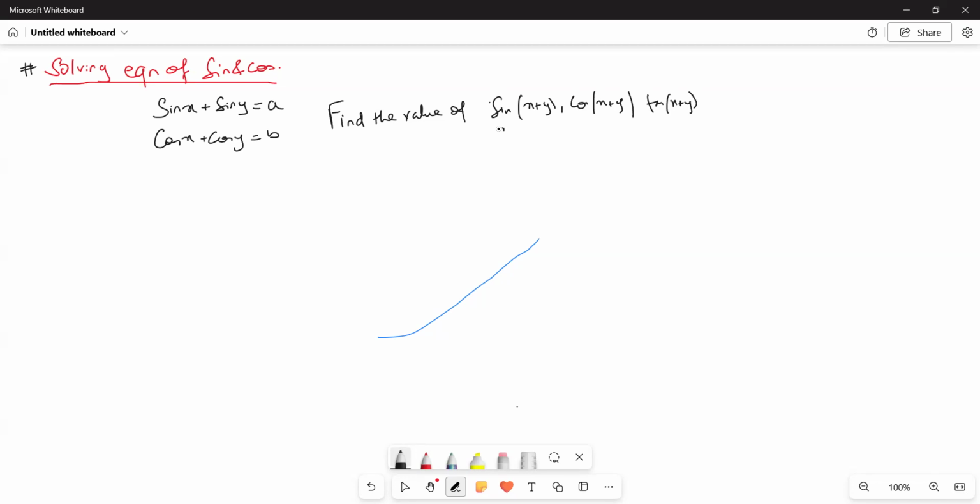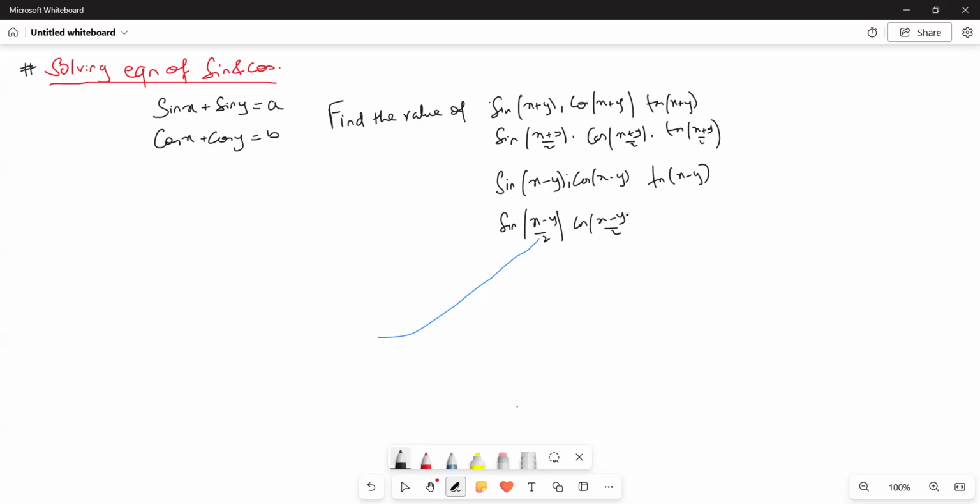Could be their half angles as well: sine of x plus y by 2, cos of x plus y by 2, tan of x plus y by 2, or even the negative components as well: sine of x minus y, cos of x minus y, tan of x minus y, or their half angles: sine of x minus y by 2, cos of x minus y by 2, tan of x minus y by 2.